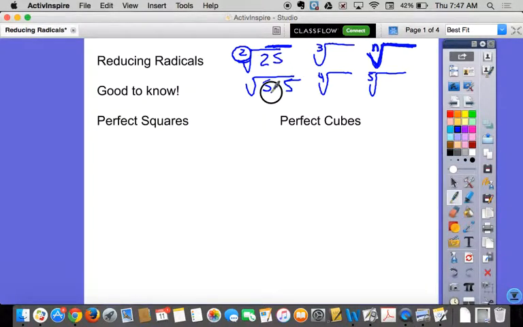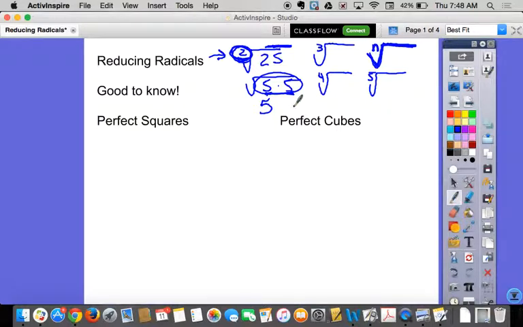Do you see that there are 2 factors of 5? The 2 factors match this 2 out here. So that's how many factors you must have under the radical to get one of the factors outside the radical. So since I now have 2 5s underneath, I get 1 5 outside. So the square root of 25 is 5.